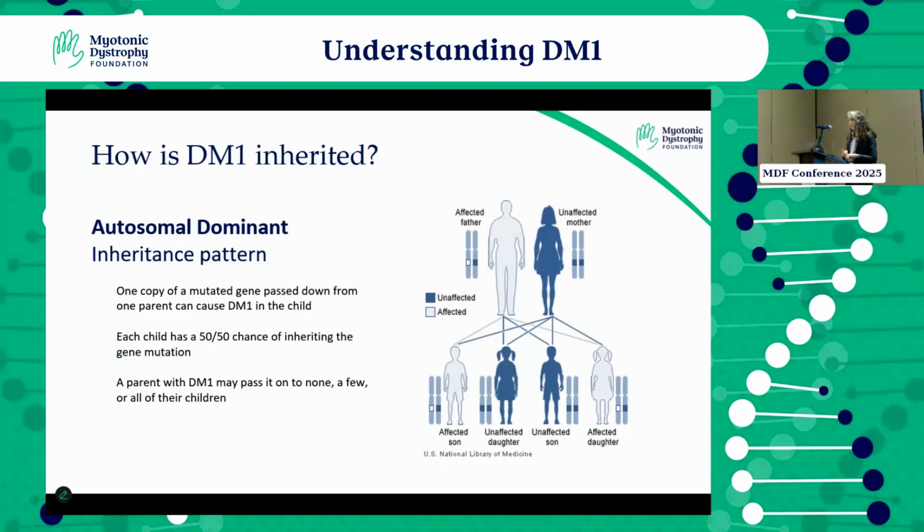Each child has a 50-50 chance of inheriting the gene mutation, and a parent with DM1 may pass it on to none of their children, a few of their children, or all of their children. Sometimes in clinic, we get questions about this idea of 50-50, thinking it might be half the kids have it and half the kids don't, but it's actually each child has that 50-50 chance of having it.